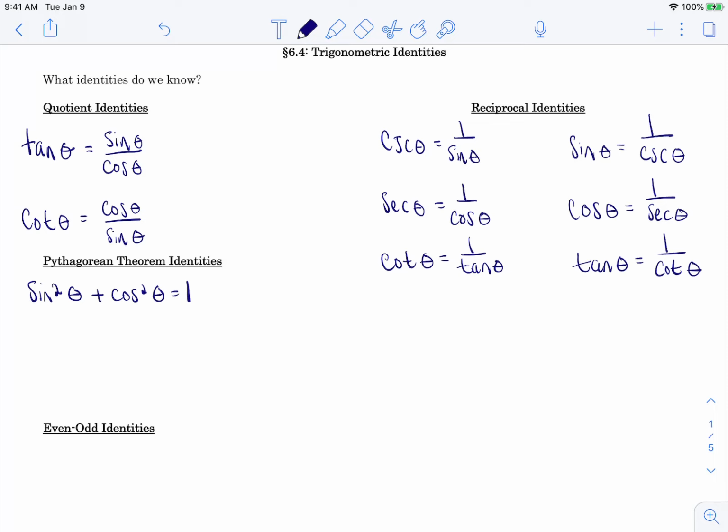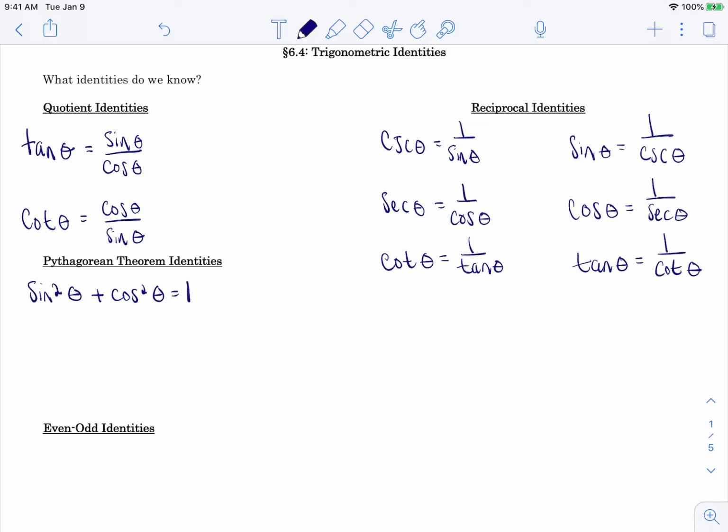And remember, that's coming from that unit circle, right? We can create a right triangle in the unit circle. Our hypotenuse is 1. Well, y squared plus x squared equals 1 squared, and our x's and our y's are sine and cosine.